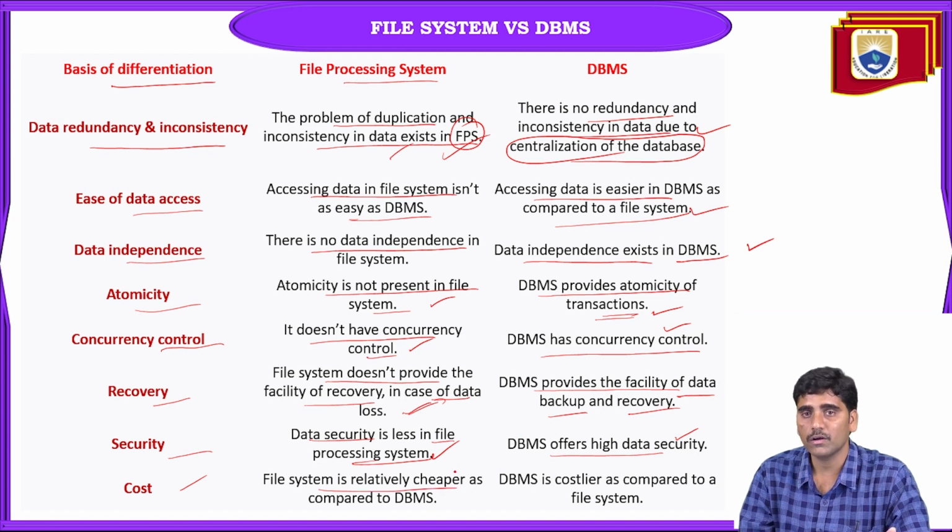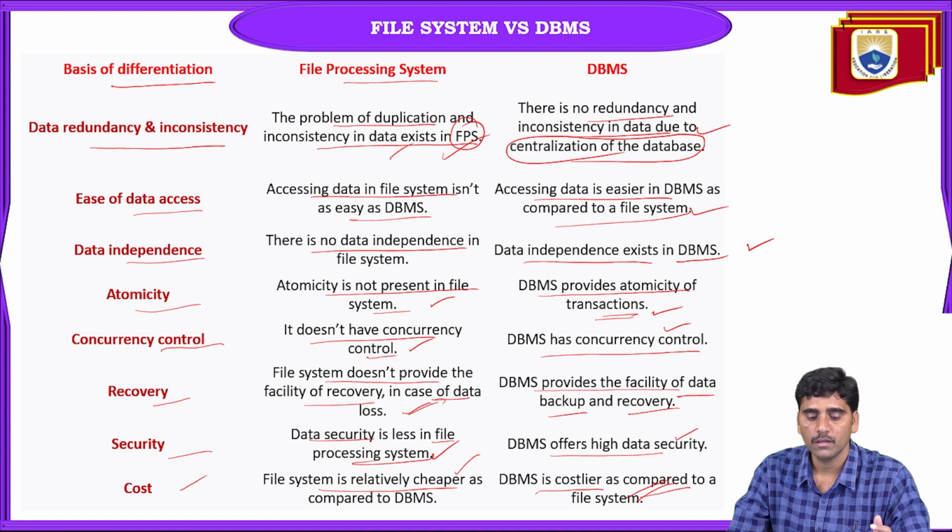Cost wise, it is cheap because the file system is built into the operating system, but DBMS is costlier as compared to a file system. So this is somewhat a comparison with the file processing system.